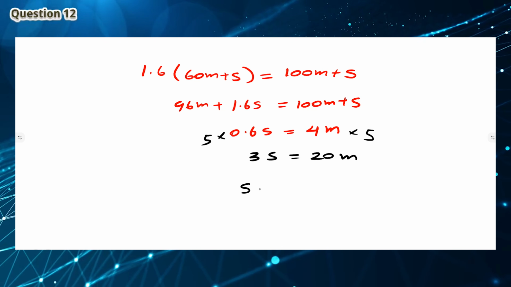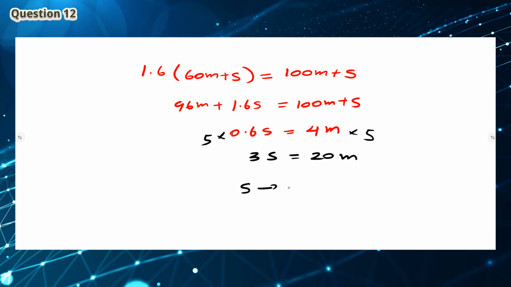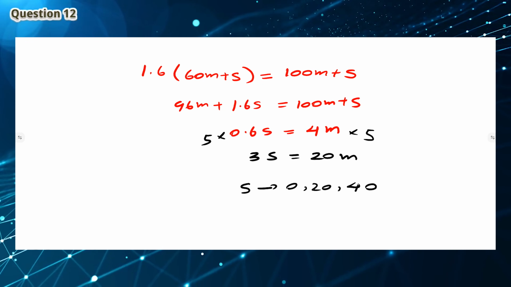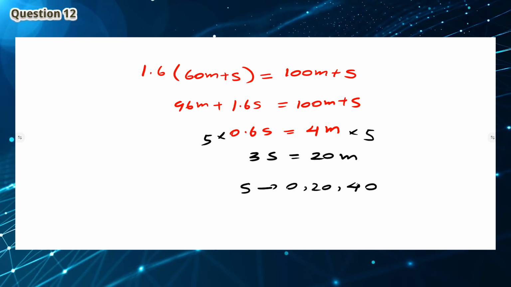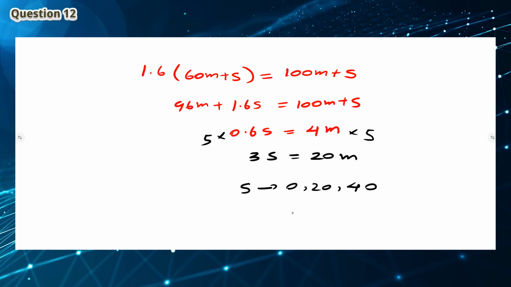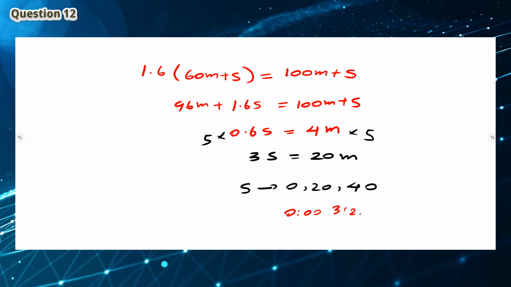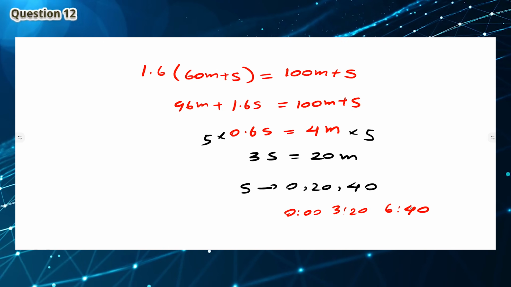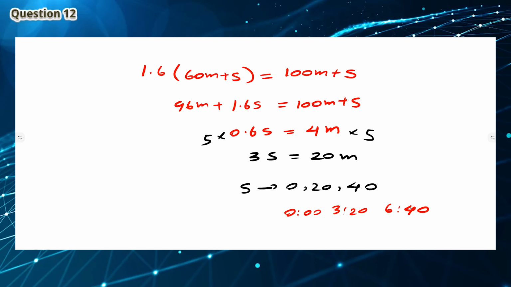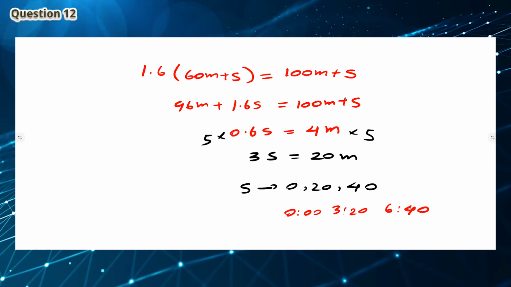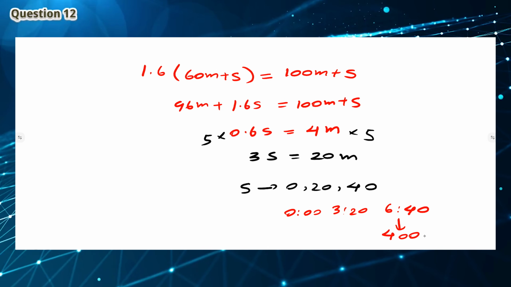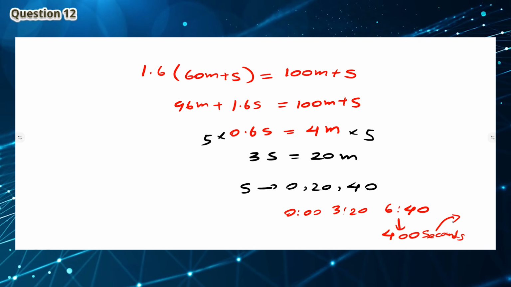So m is divisible by 20 and must either be 0, 20 or 40. Solving then gives the times 000, 320 and 640. Since Michael intended to heat the pie for longer than 4 minutes, he must have intended to heat it for 6 minutes and 40 seconds, which gives 400 seconds in total. So the answer is C.